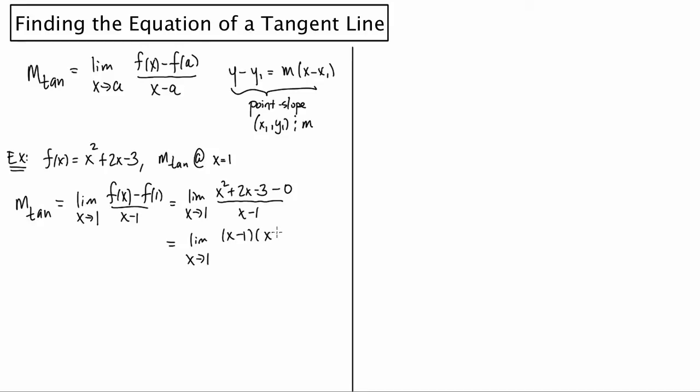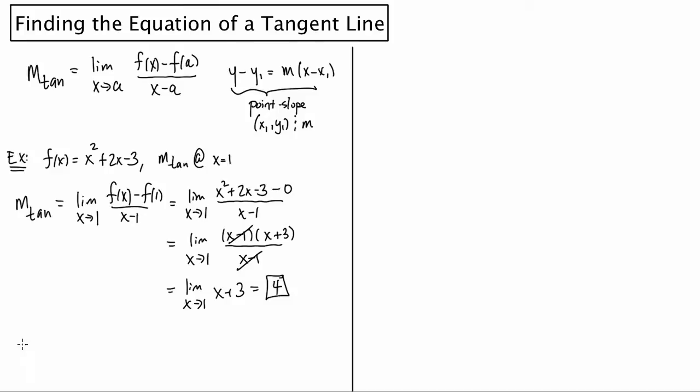The factorization is x minus 1 times x plus 3. So we were able to remove the singularity at 1, leaving us with the limit as x goes to 1 of x plus 3, which is easily calculated to be 4. So we know that the slope of the tangent line at 1 is 4.